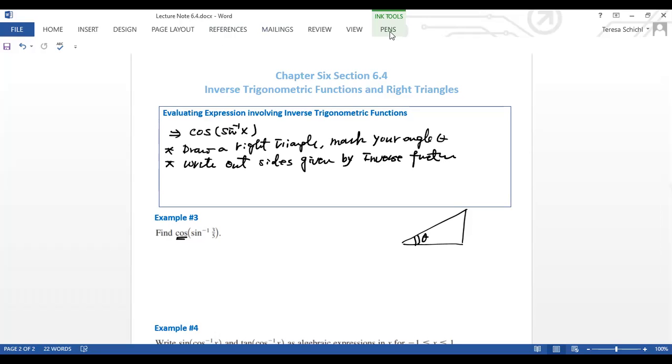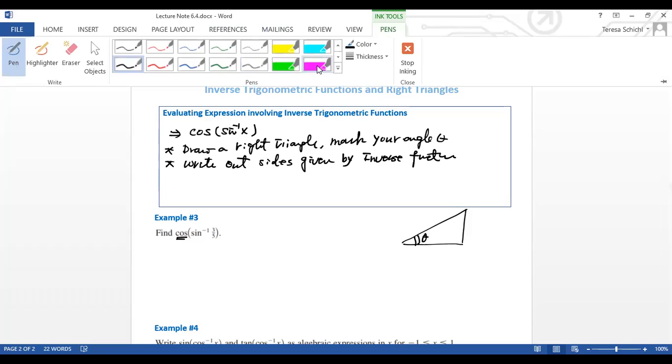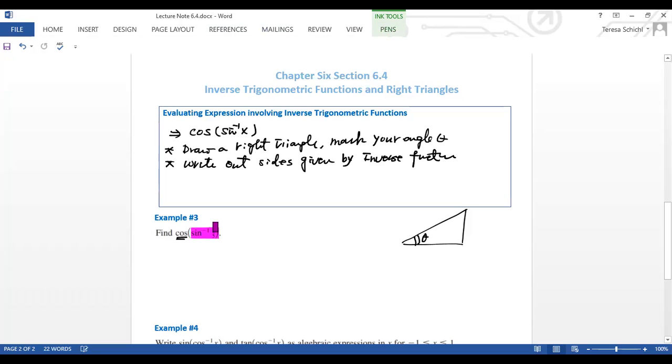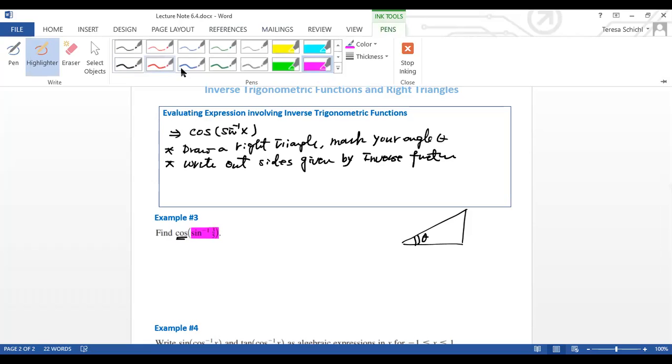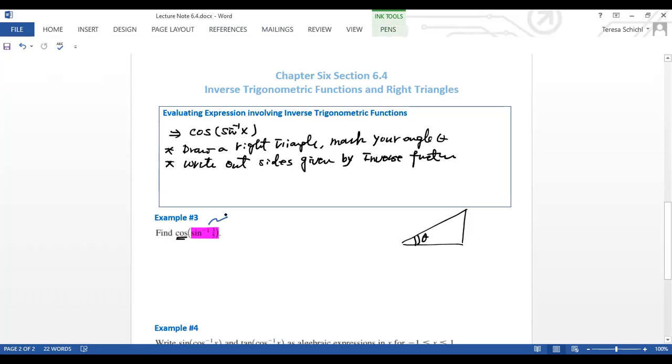Okay, so take a look here. This was arcsine of 3/5. So what does arcsine 3/5 mean? That means sine theta is equal to 3/5 here, okay? And I know the sine is equal to the opposite over hypotenuse.